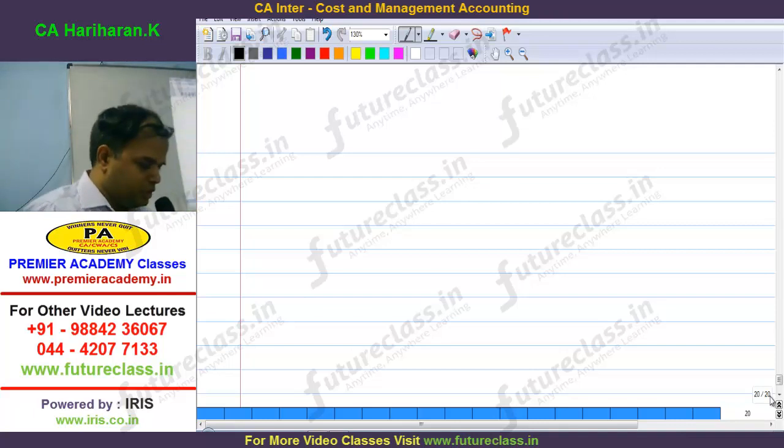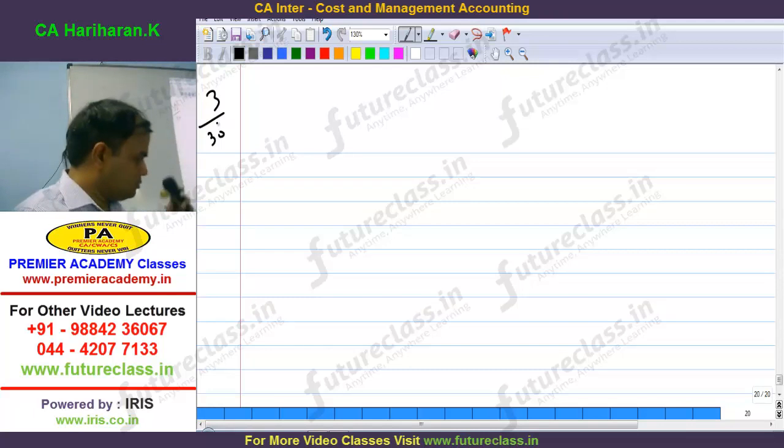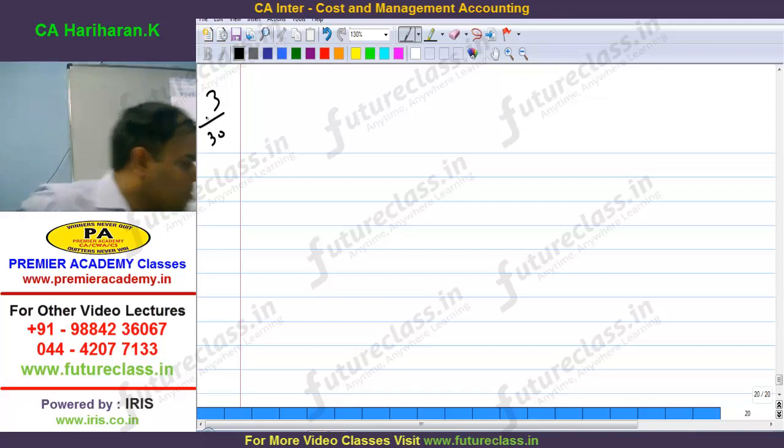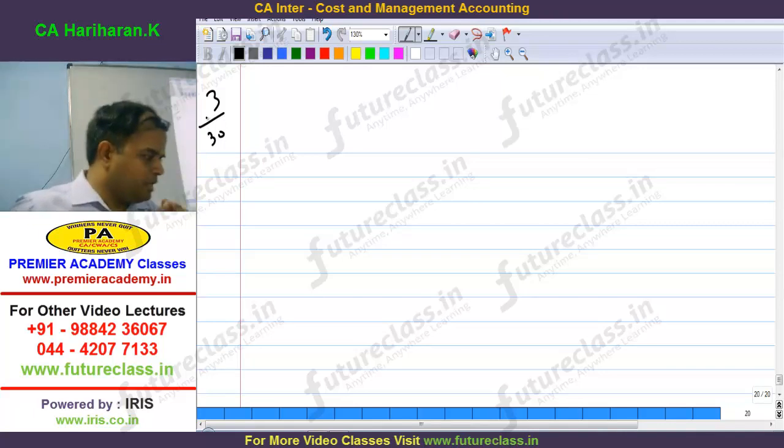Page number 30, question number 3. Job costing. In an engineering company, the factory overheads are recovered on a fixed percentage basis on direct wages, and the administration overheads are absorbed on a fixed percentage basis on factory cost.